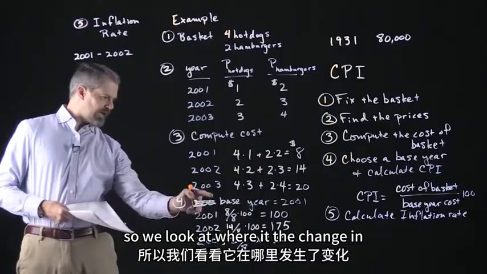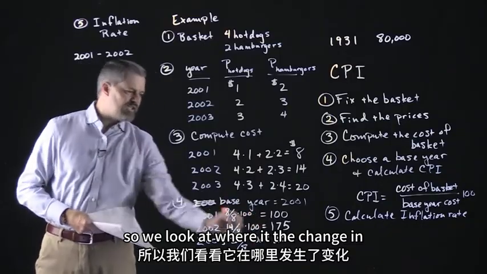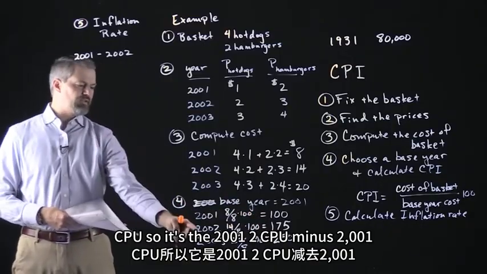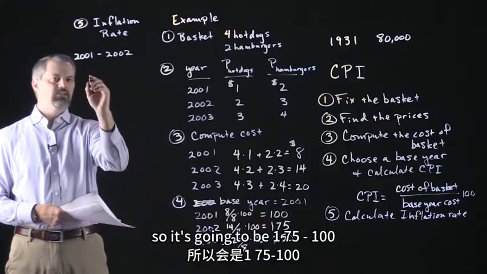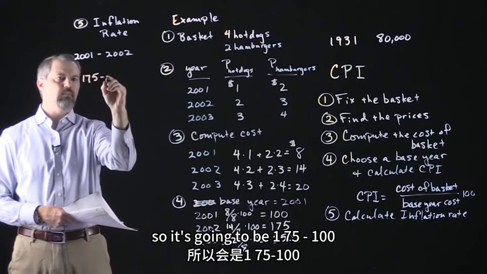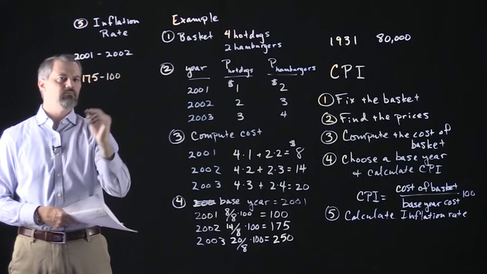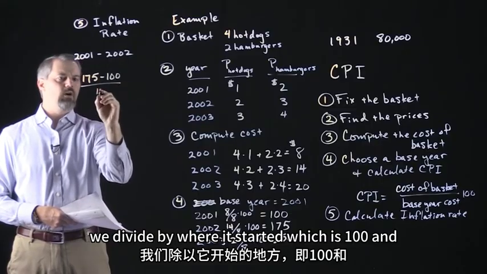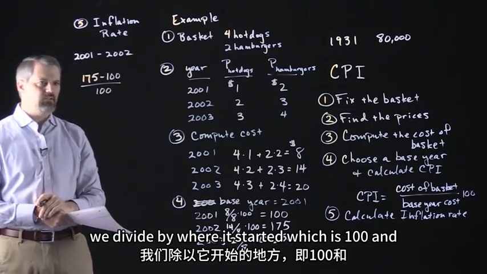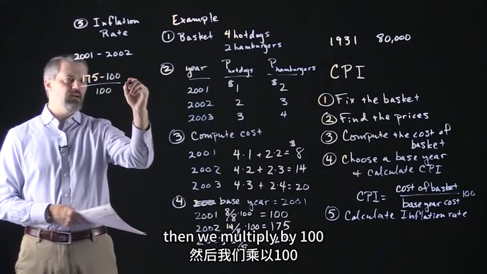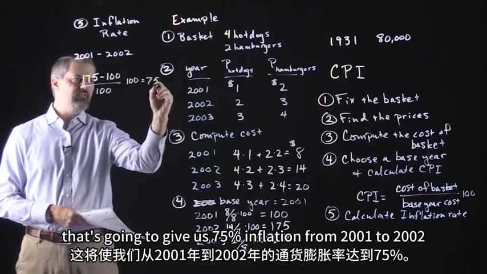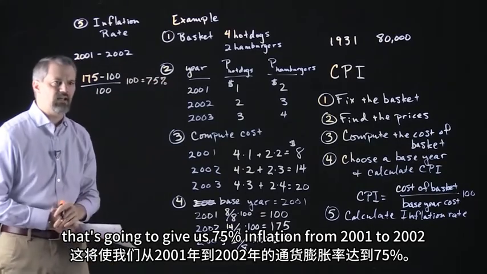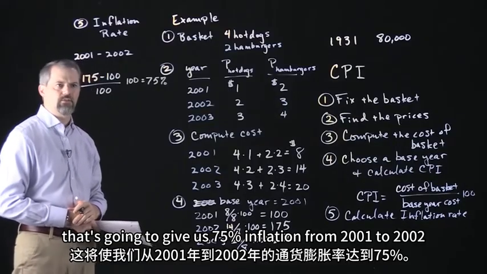So we look at the change in CPI. So it's the 2002 CPI minus 2001. So it's going to be 175 minus 100. We divide by where it started, which is 100, and then we multiply by 100. That's going to give us 75% inflation from 2001 to 2002.